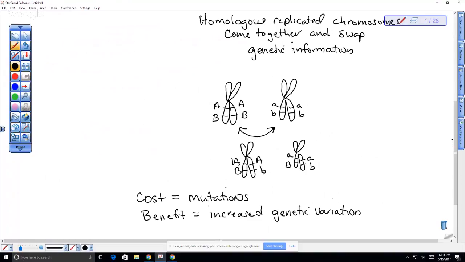But if we have genetic variation and some individuals are able to withstand the virus where some individuals aren't, then those individuals that have that genetic variation are able to pass their genes on to the next generation. And so this idea of genetic variation is important at a population level. We'll also talk about how it seems to be important at an individual level as well. Okay? But that increase in genetic variation is what makes crossing over so significant.